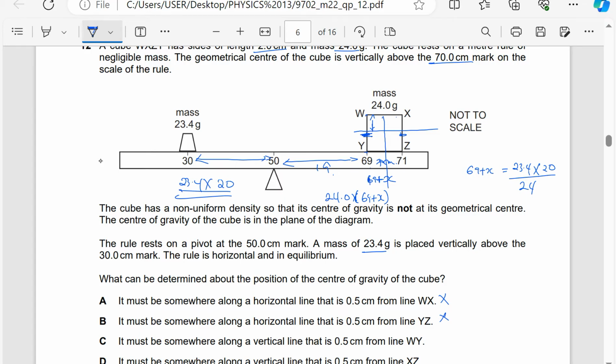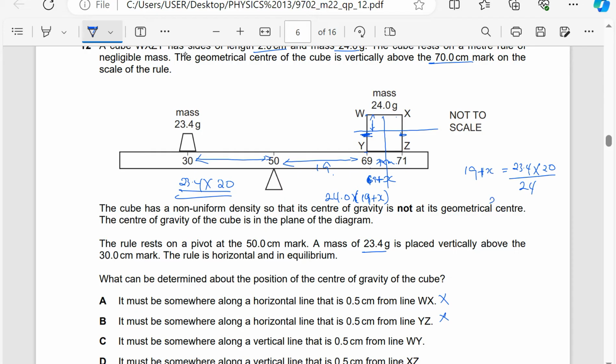So 19 plus X should be equal to 23.4 times 20 over 24.